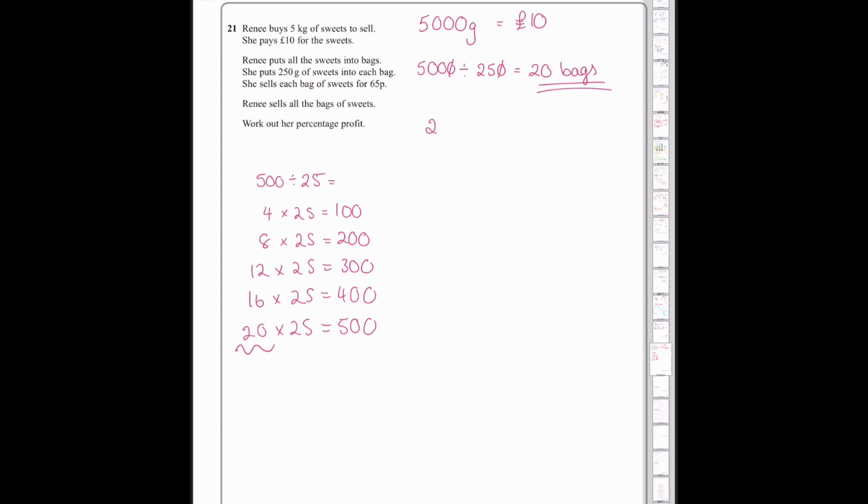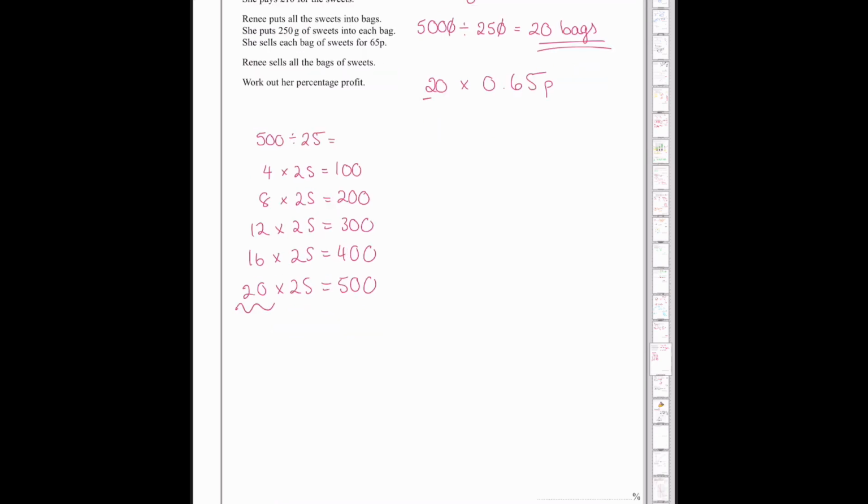So she sells 20 bags of sweets for 65p each. So that's 20 times 65p. Instead of doing 20 times 65p, we can do 2 times 65p. Well, 2 60p's is £1.20, so 2 65p's must be £1.30.